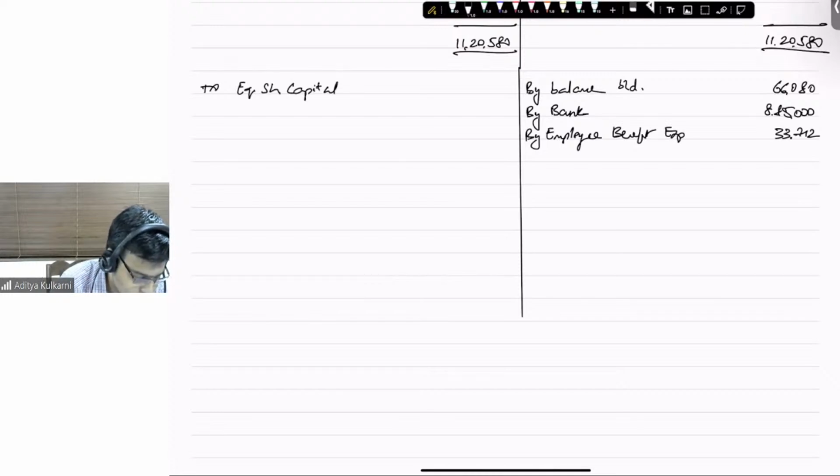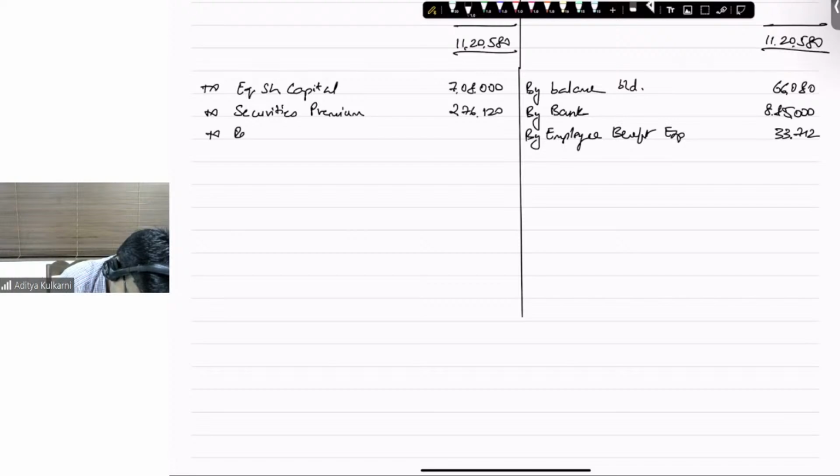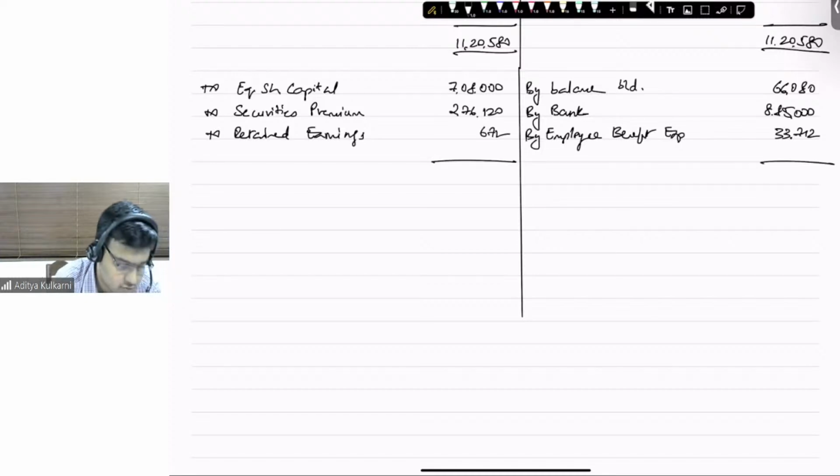This is going to be 7,08,000. To securities premium, 276,120, to retained earnings, 672. And now the account should tally.